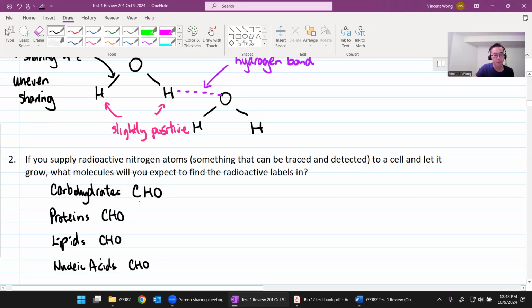Okay. For proteins, in addition to carbon, hydrogen, oxygen, what other elements do you find in proteins? Nitrogen. Yes, nitrogen. That's right. And trace of sulfur, right? So if you're going to give them traceable nitrogen, you will detect them in the proteins because they have nitrogen.